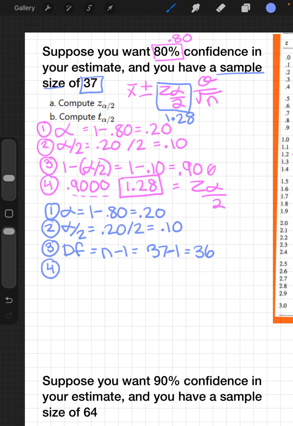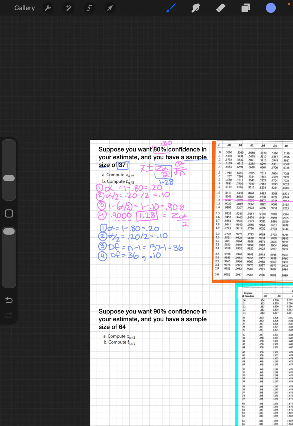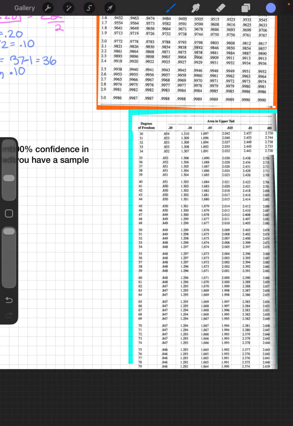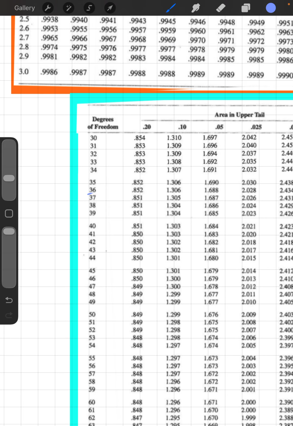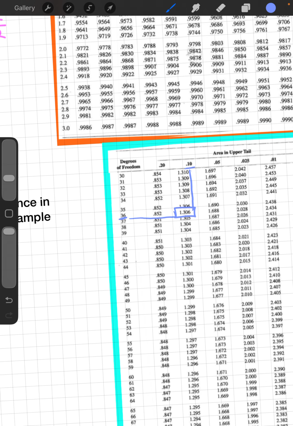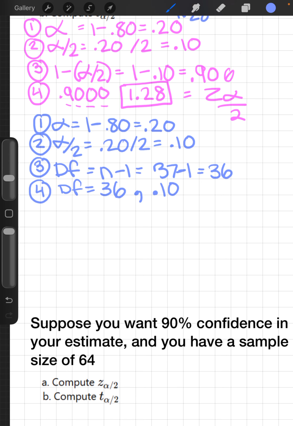So what we're going to look for is degrees of freedom 36 and 0.10. So in my chart, I have 36, I have 0.10. So let's go, 1.306.